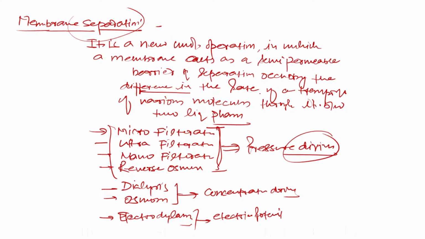Potential driven. These are different membrane separation techniques used to separate components through a membrane on the basis of the difference in the transport rate of different molecules. Clear? This is what membrane separation is.